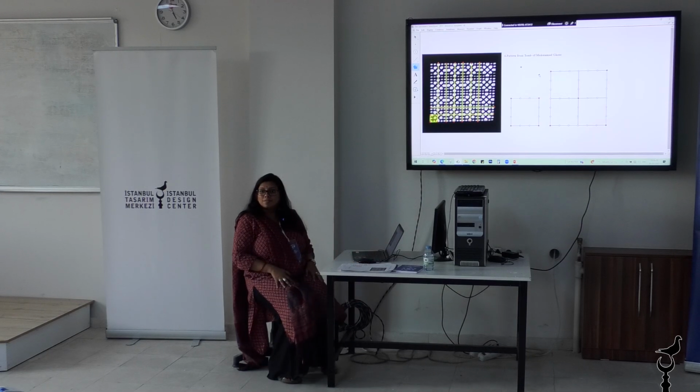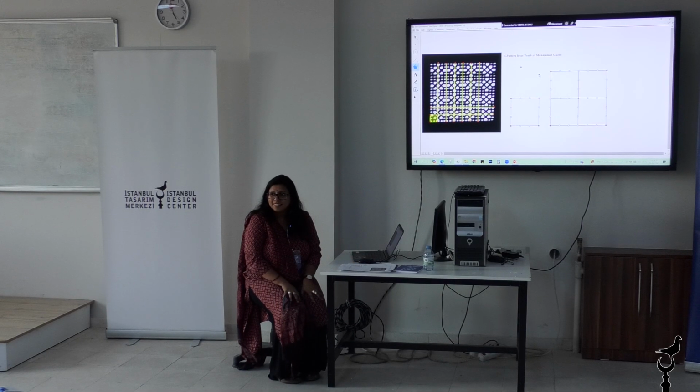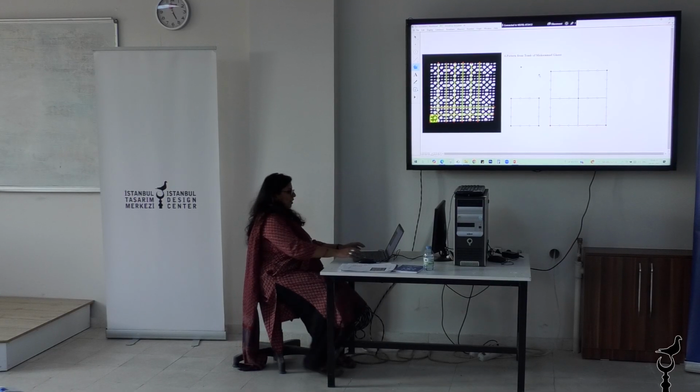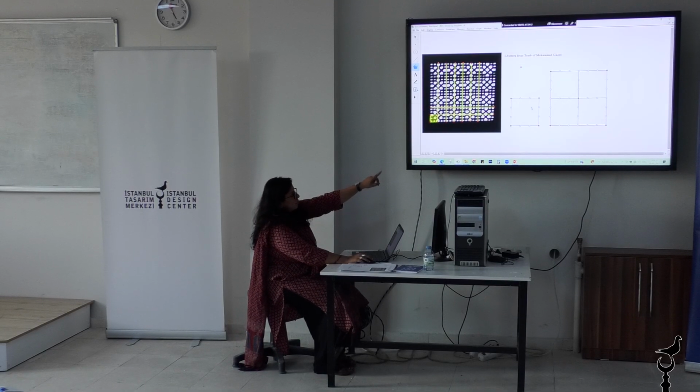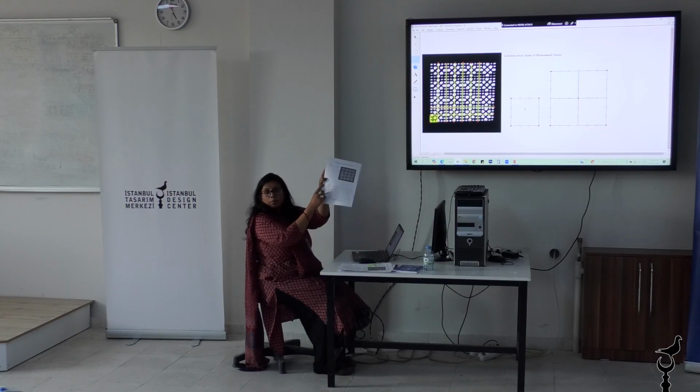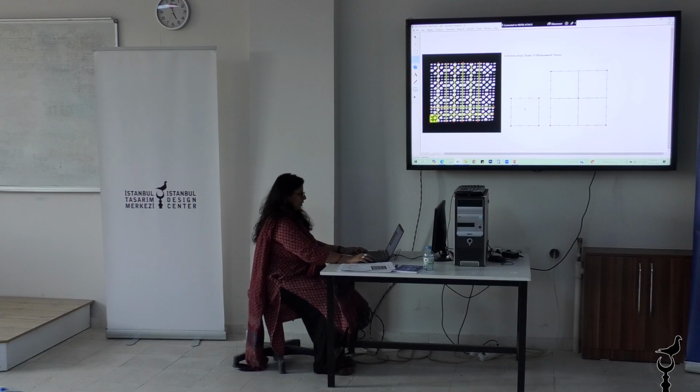Can you all draw it? Just use this particular smaller square on the top. Just draw your grid lines.